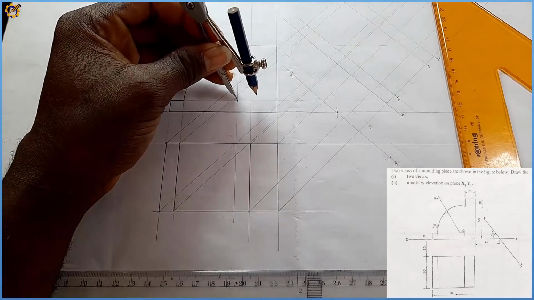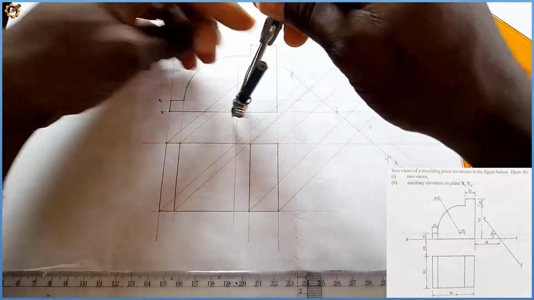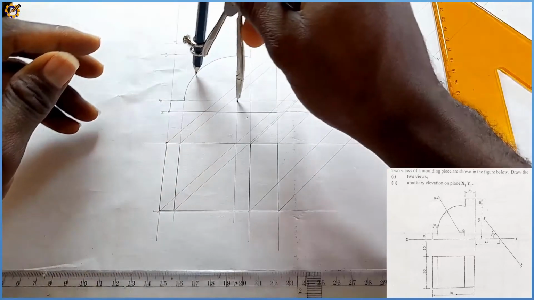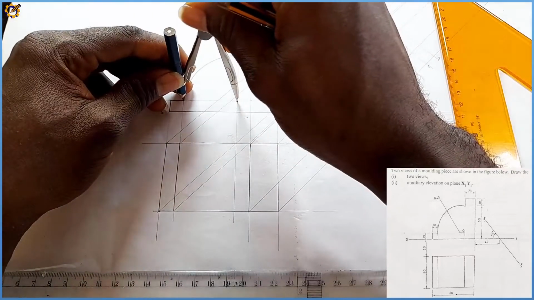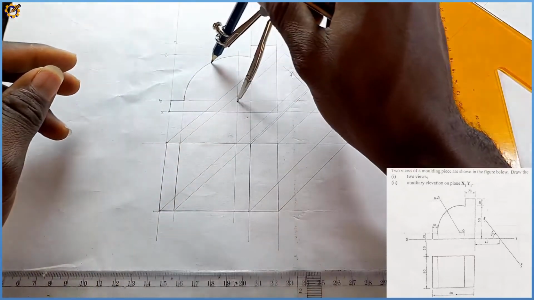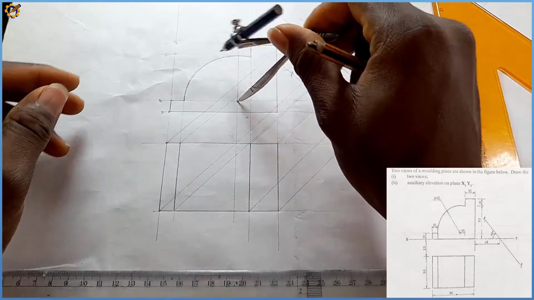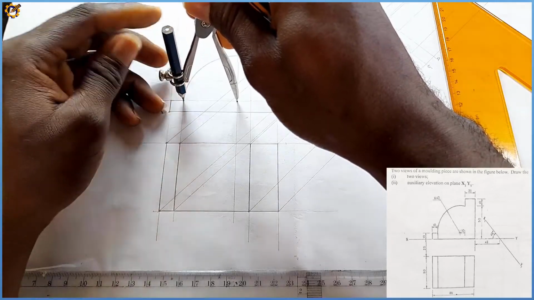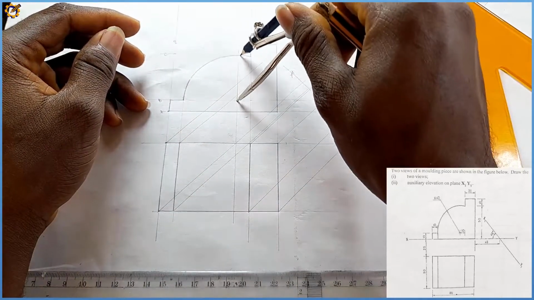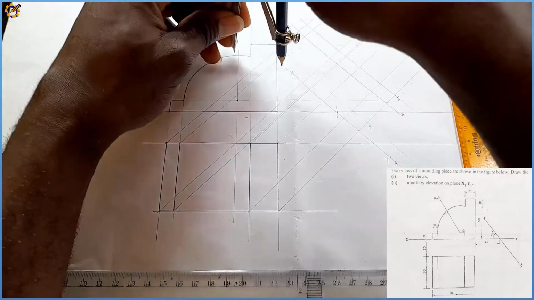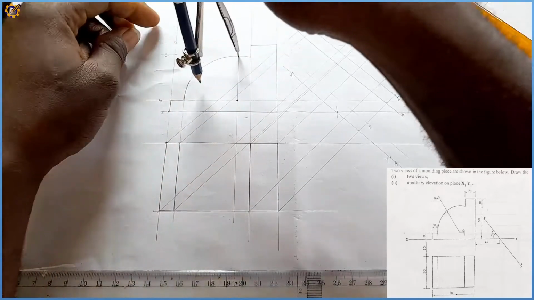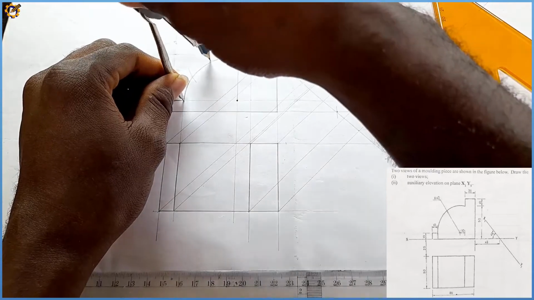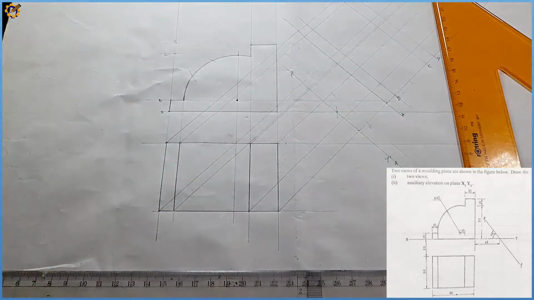So then pick that same radius 40, which is this. With that same radius 40, I'm going to come right here and divide this one, making it 2.